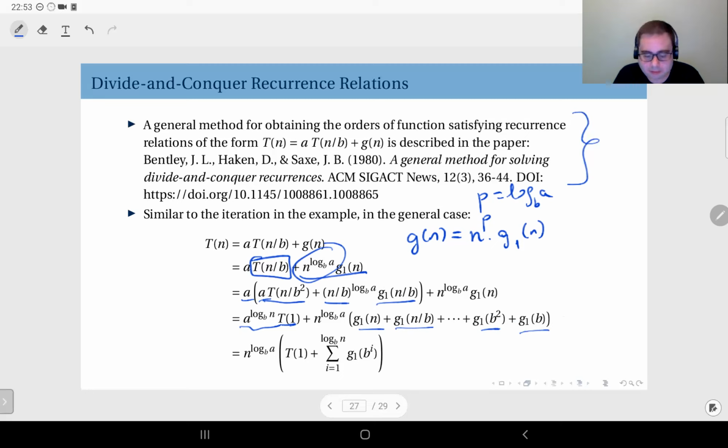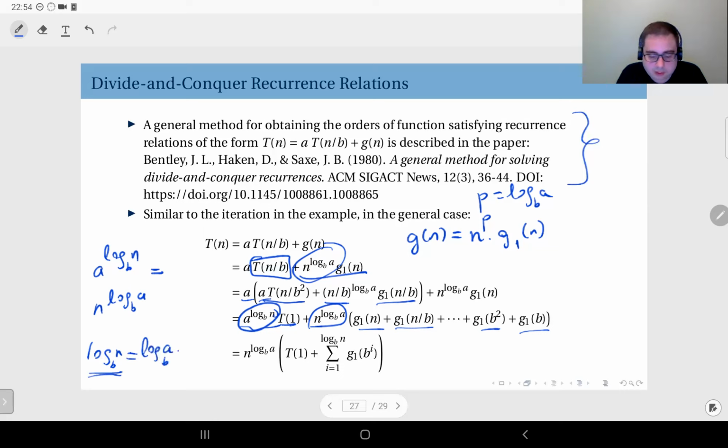Another small trick here: this value, a to the power log_b(n), and this one, n to the power log_b(a), are in fact equal. It's not that difficult to show this. If you take the logarithm of both sides, the left-hand side gives log_b(n) times log(a), and the right-hand side gives log_b(a) times log(n).